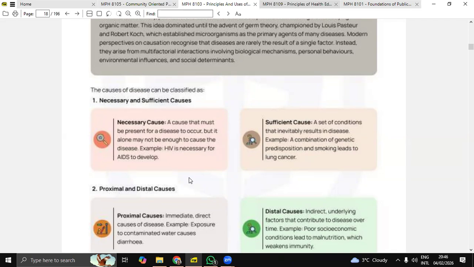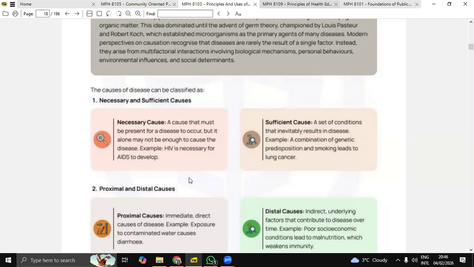Now, for sufficient cause, remember that this one is mostly like a combination, many things coming together, and whenever they are present, the disease will manifest. So in these cases, we can be talking about what we can do to reduce the risk factors for the person developing this disease.